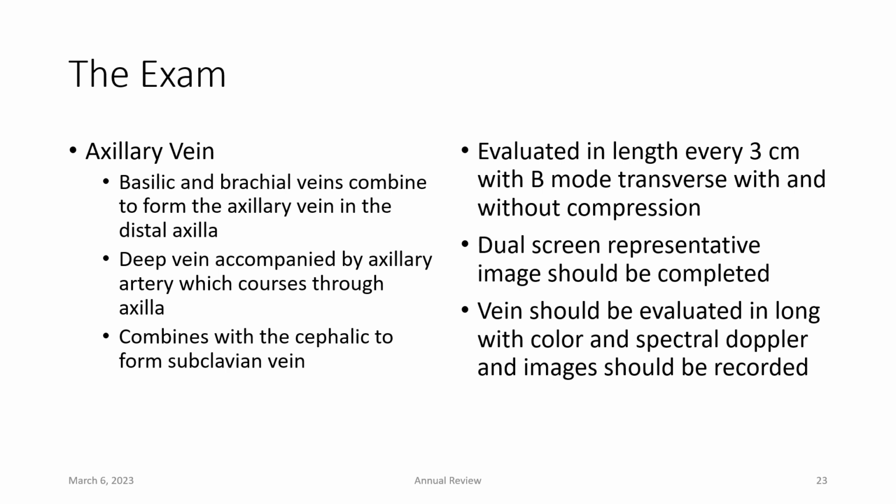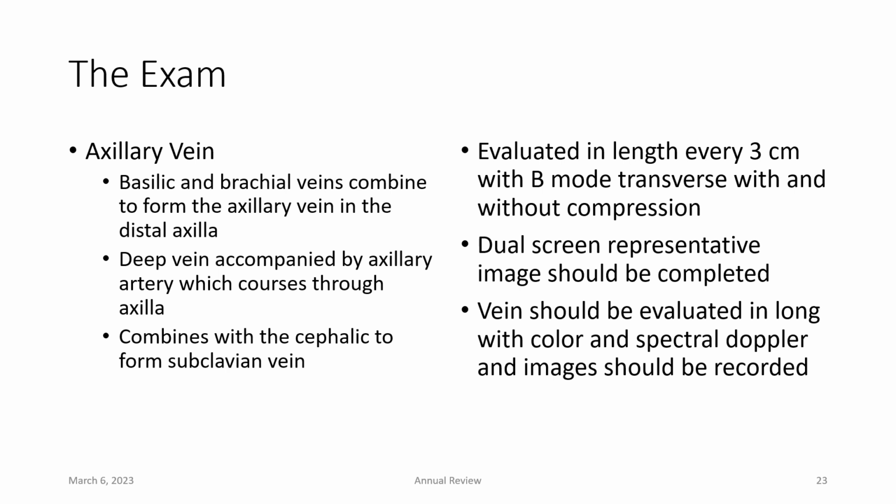This is considered a deep vein, and it is accompanied by the axillary artery. It's going to run through basically your patient's axillary region and ultimately create that subclavian vein, as I mentioned. This should be evaluated every 2 to 3 centimeters in transverse with the B mode, with and without compression.